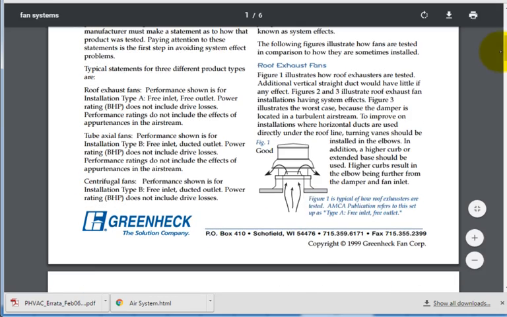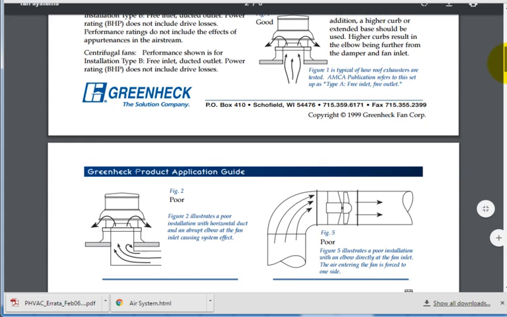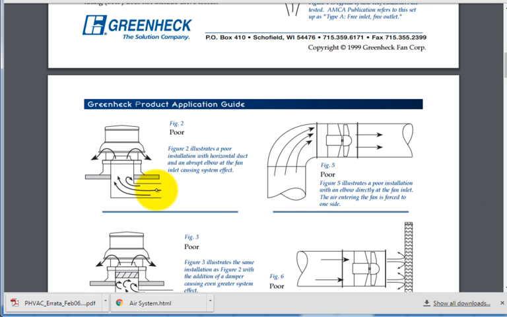Let's say that you have a roof and you're exhausting here, and that is the way that device is tested: on a roof that's flat, with a straight run to it. But you didn't install it that way or design it to be installed that way. You have to come and do a 90-degree turn and then install. Well, you have a lot poorer performance because of the system effect.